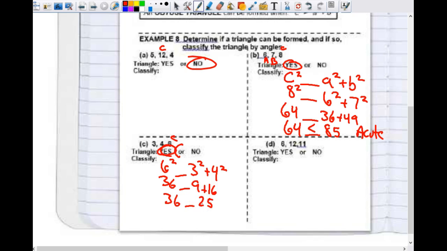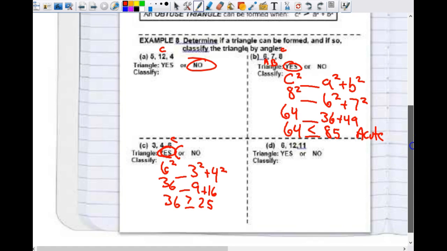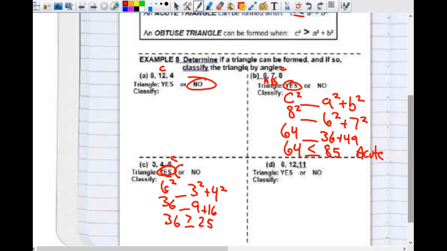Which way does that alligator mouth go? Towards the 36. So 36 is greater than 25. Look up here. What type of triangle is it if it's greater than? Obtuse. So this is an obtuse triangle.